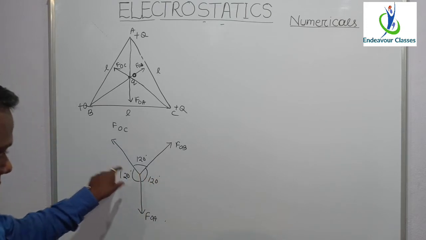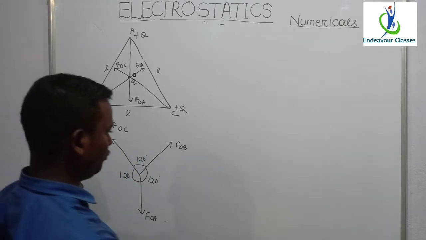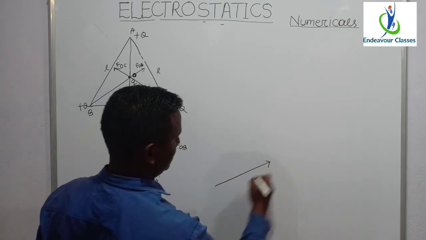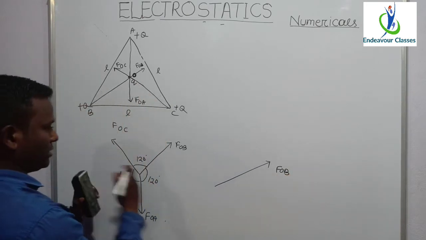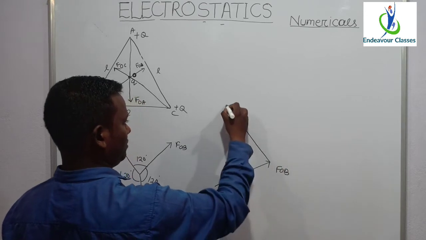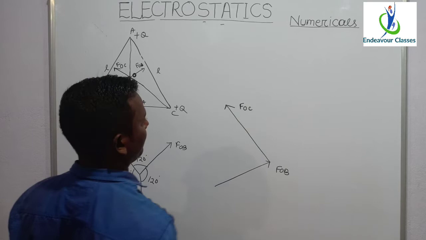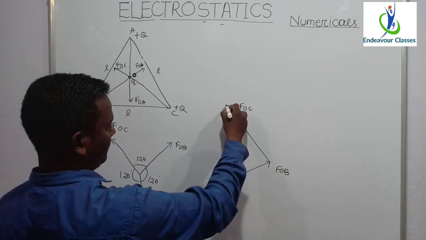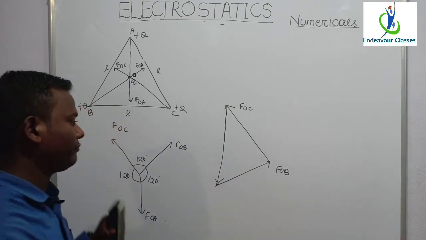Now this representation can also be done in another way. If this is FOB and this is FOC, it can be drawn at the head of the first. So this is FOC and this is FOA.